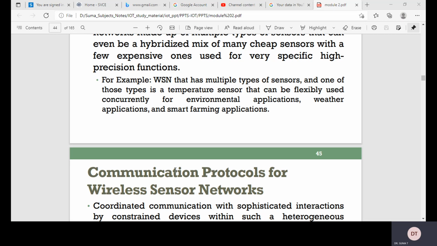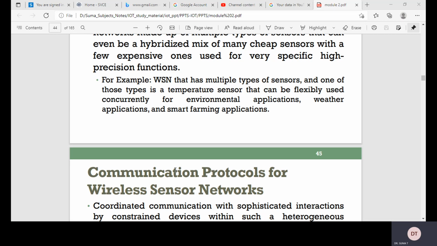So now when we want to increase the quality of wireless sensor networks, communication maybe, power maybe, processing speed maybe, we need some protocols that are called communication protocols for wireless sensor networks.